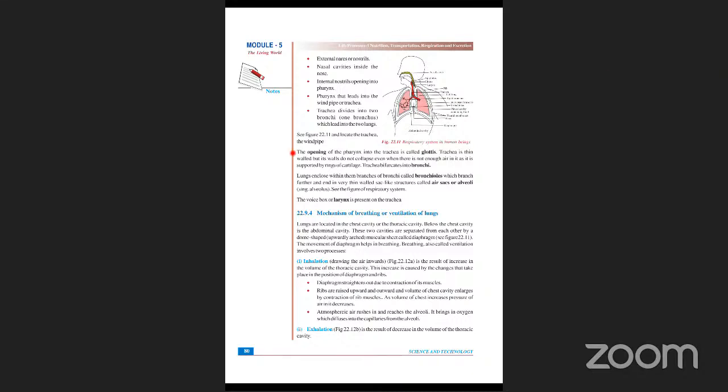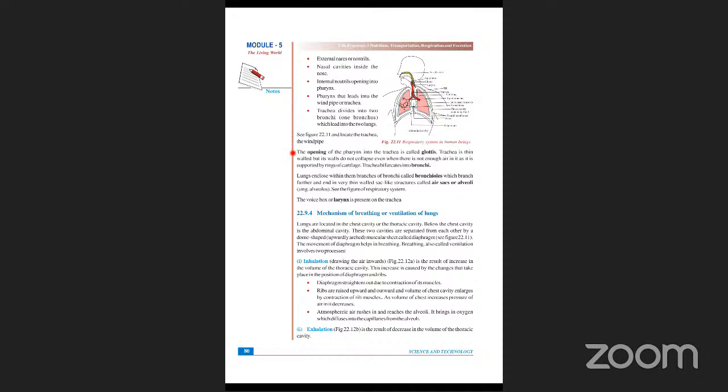The opening of the pharynx into the trachea is called the glottis. Trachea is thin-walled, but its walls do not collapse even when there is not enough air in it, as it is supported by rings of cartilage. Trachea bifurcates into bronchi.